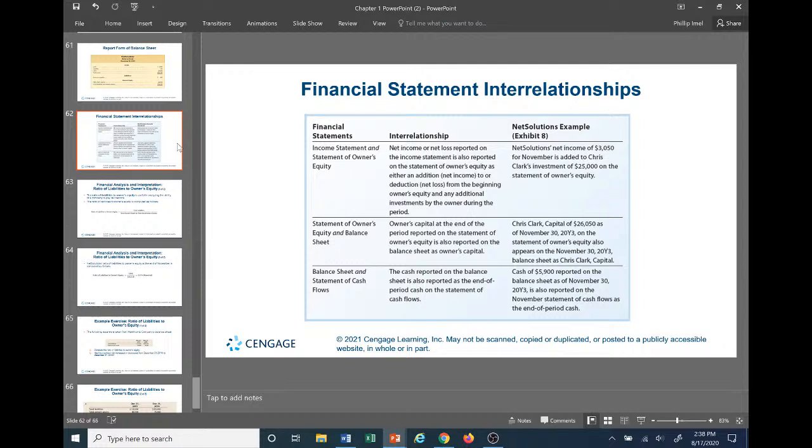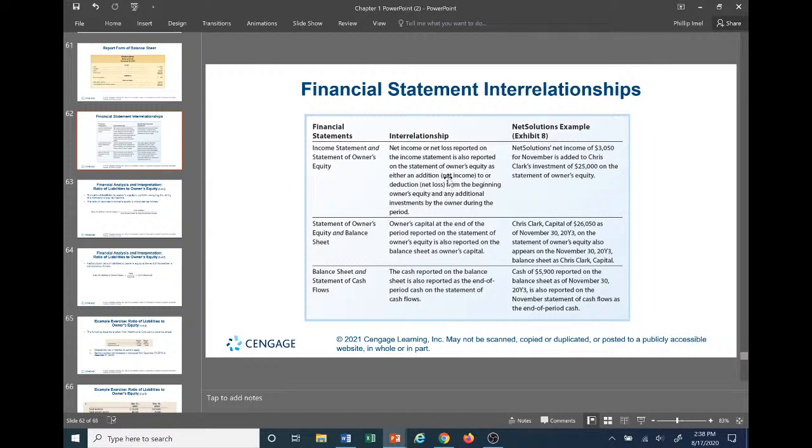And right here, that gives you a little visual, so let's read through this little chart for a second. The financial statements, income statement and statement of owner's equity: what's the interrelationship between the two? Net income or net loss reported on the income statement is also reported on the statement of owner's equity as either an addition, which would be net income, or a deduction, net loss, from the beginning owner's equity, and then any additional investments by the owner during the period.